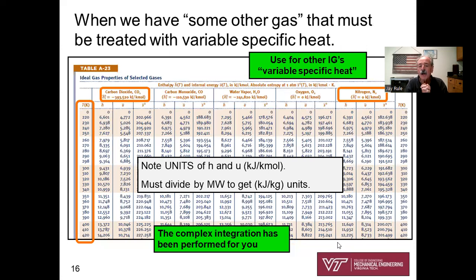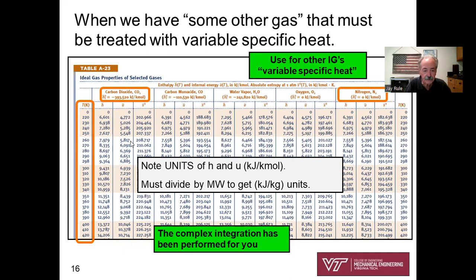Let's say you've got some other gas other than air, like carbon dioxide, carbon monoxide, or nitrogen. You're going to go to table A23. It's the same idea. Here's your temperature tabulation, here's your enthalpy, here's your internal energy. But notice the units. You have to look very closely on this slide, but the units are molar, kilojoules per kilomole.